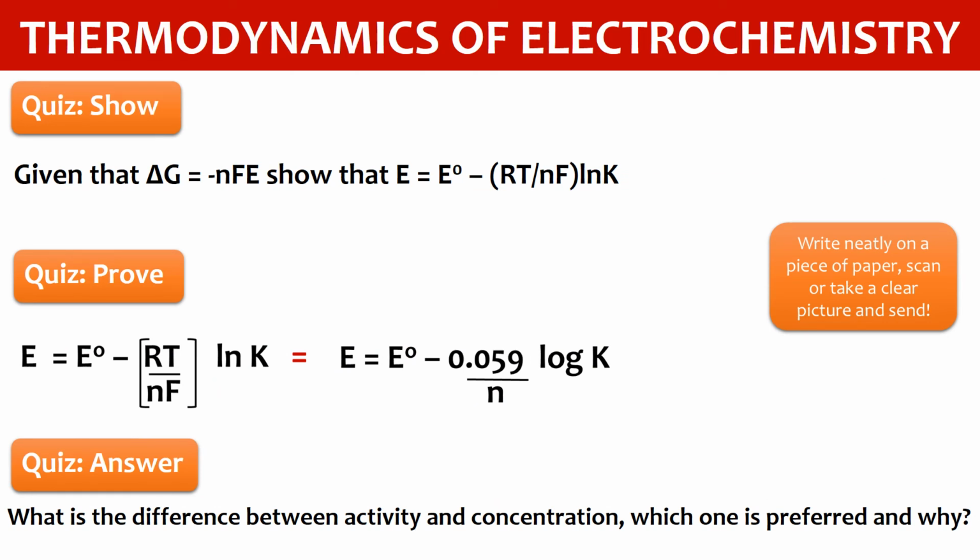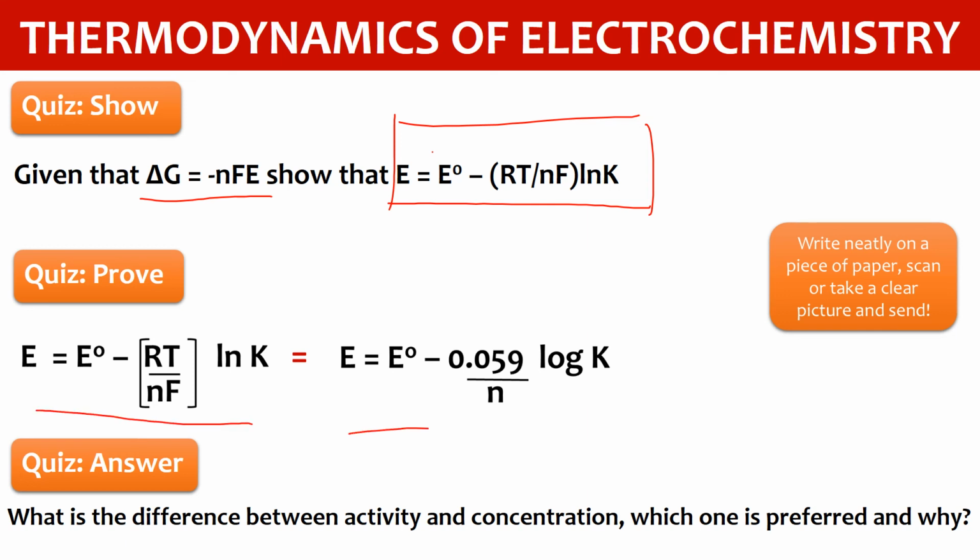Okay. Right. So this is a quiz that you should do as you are going through these slides. Given that delta G is equal to this, I want you to prove and show how E relates to E naught. I want you to show that E is equal to that. Then I also want you to prove that this reaction is equal to this.